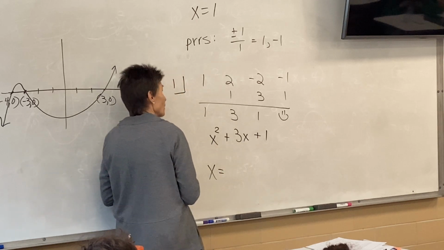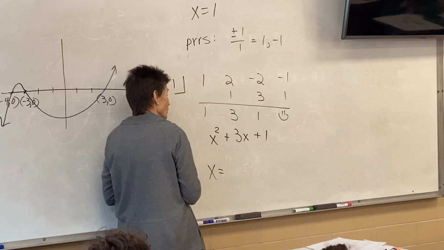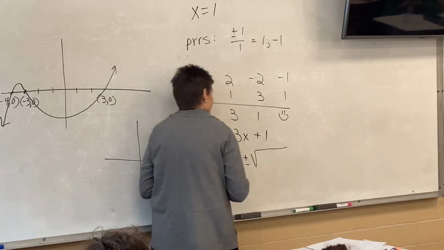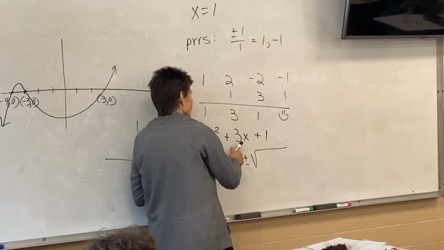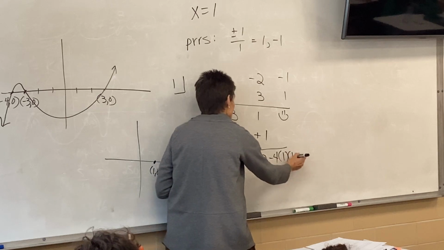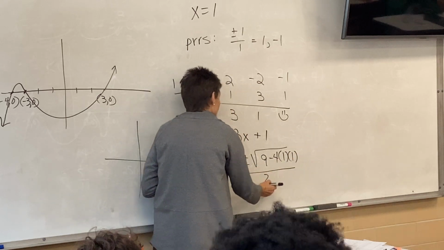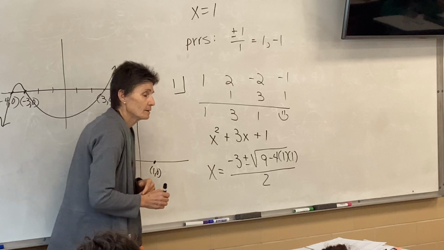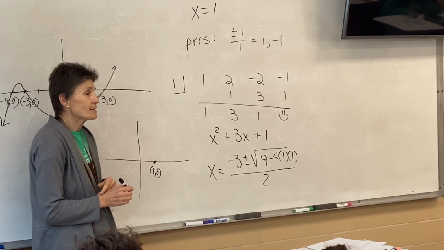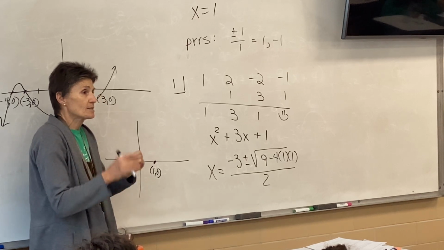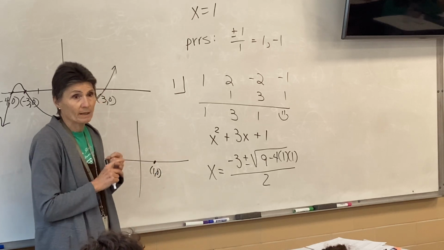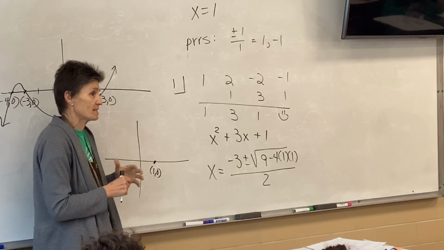You better remember, or I'm going to come unglued. x equals negative b plus or minus the square root of b squared minus 4ac, over 2a. Yep. There are some things that you just can't ever let go of. Slope, you just gotta know how to find slope. You just gotta know the quadratic formula. Don't forget those things.